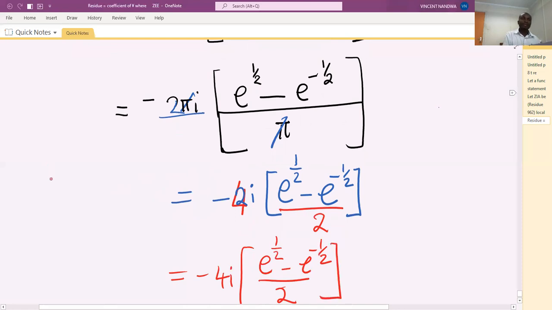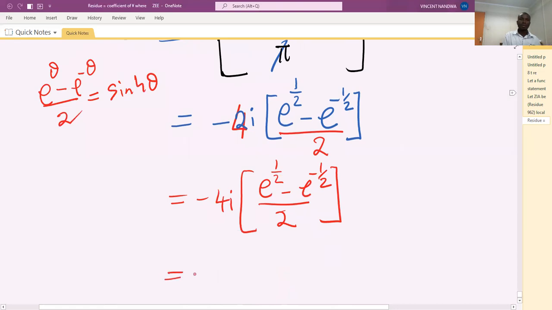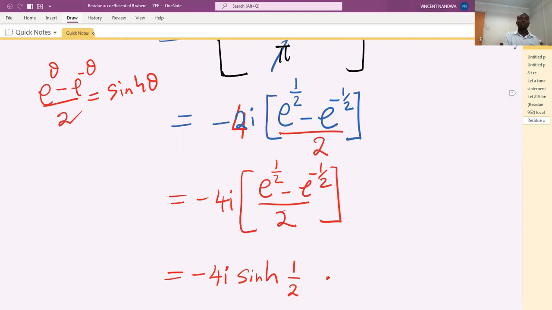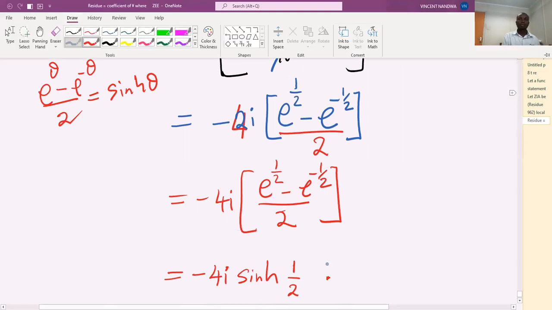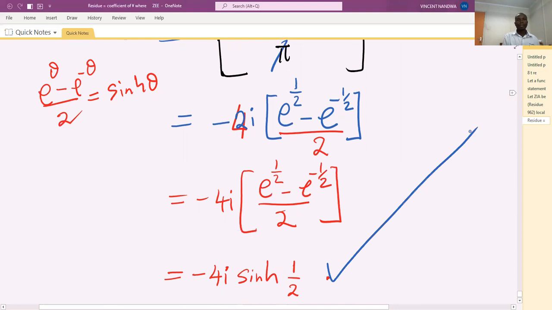And when I have e raised to the power theta minus e raised to the power minus theta, over 2, that is the definition of hyperbolic sine of theta. So therefore, this is the same as minus 4i times hyperbolic sine, where our theta here is a half. So this is the solution to our given problem. Thank you.